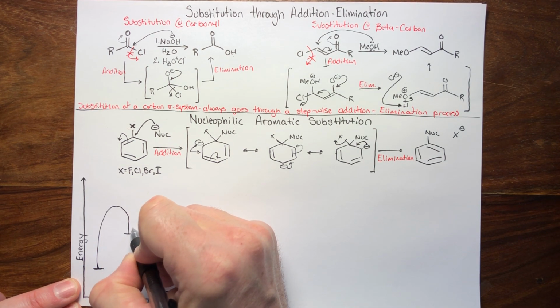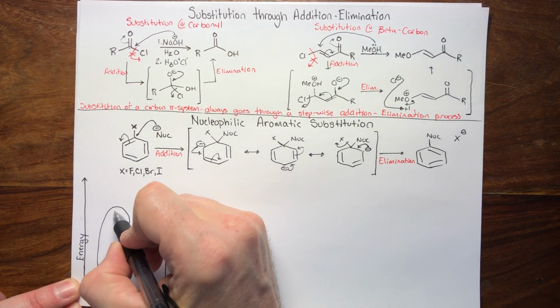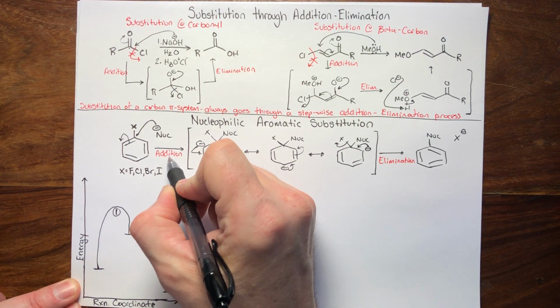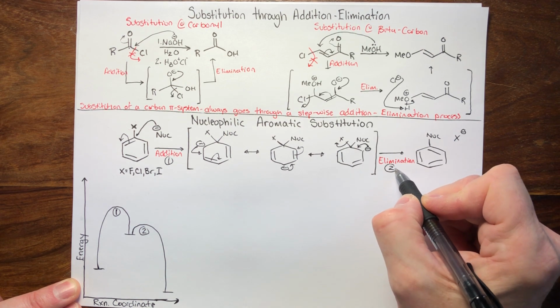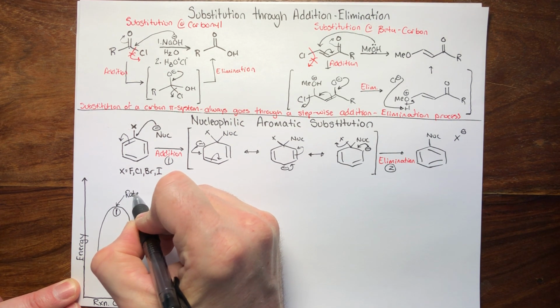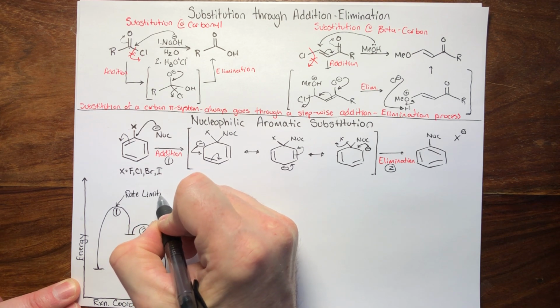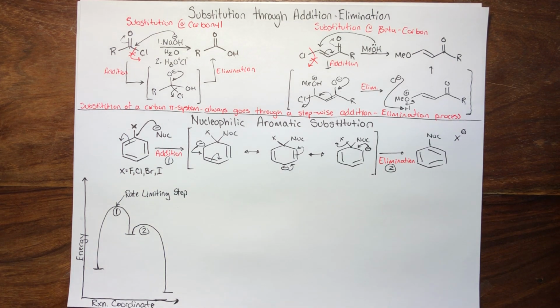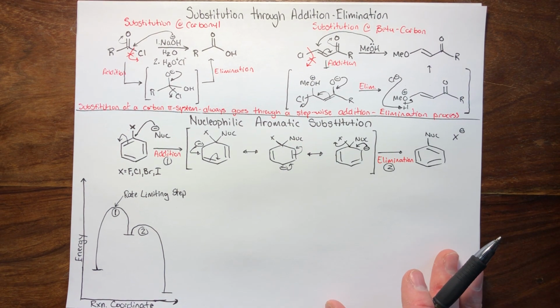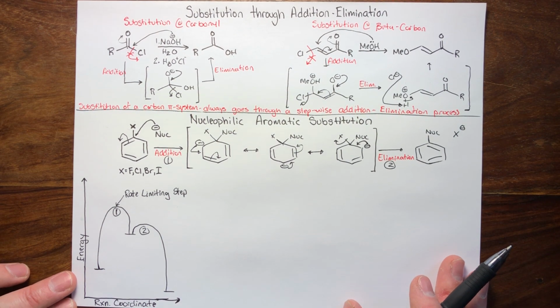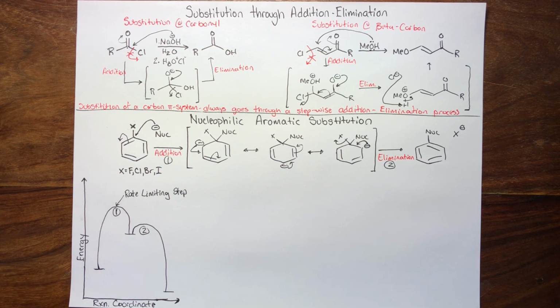And it's going to be that first step, that addition step, that is the rate limiting step. On this energy diagram, we know that because that is the highest part of that reaction pathway. So it's that first step, that addition step, that limits the rate.